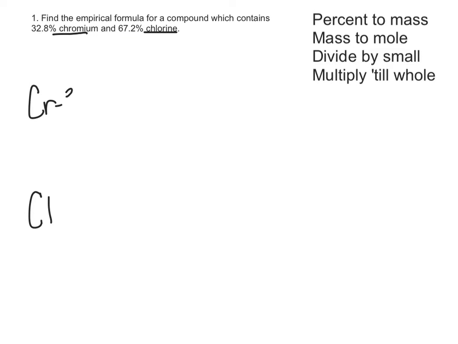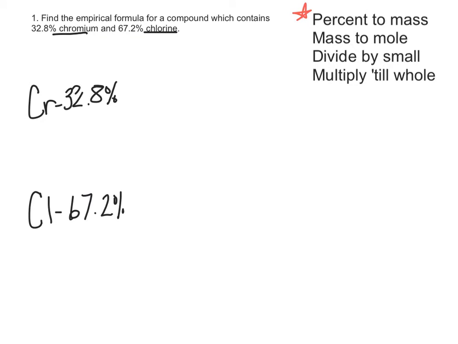So I have 32.8% and I have 67.2% of chlorine. Now the first step right here, percent to mass.